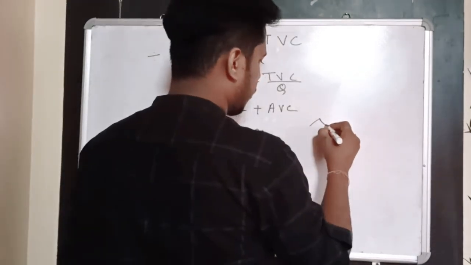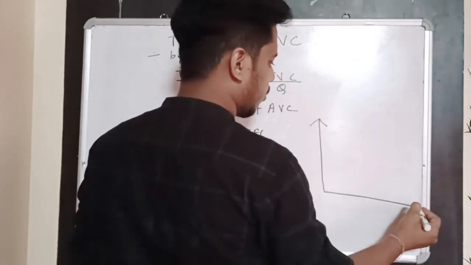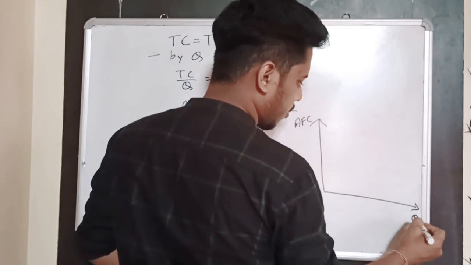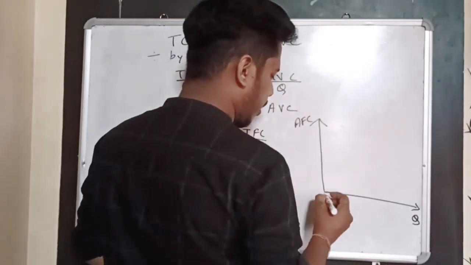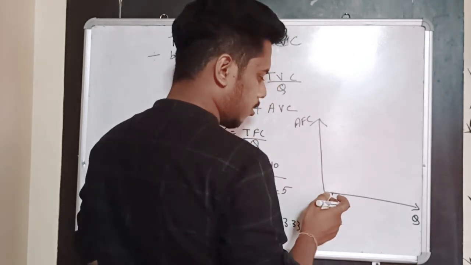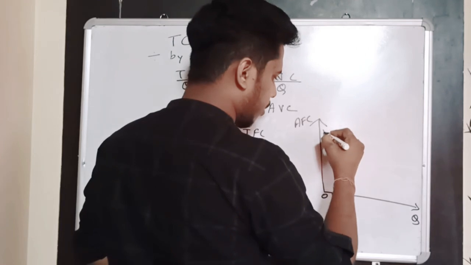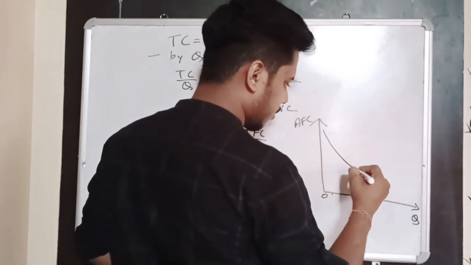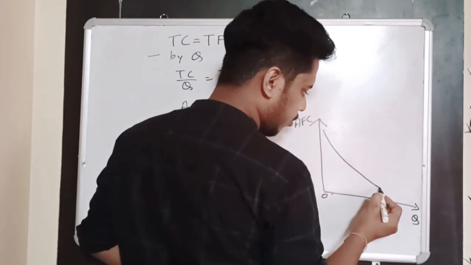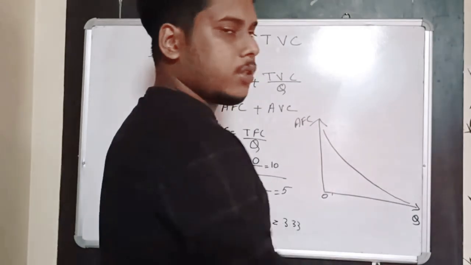So if we plot this in the form of a diagram, it will look something like this, with AFC and Q. When our output is low, that is near 1 or below, our AFC value is very high. And as I go on increasing the output, the AFC value goes on falling, and it comes closer to the x-axis.